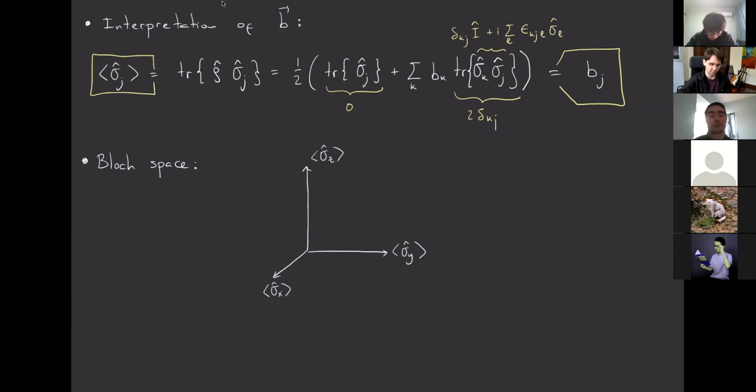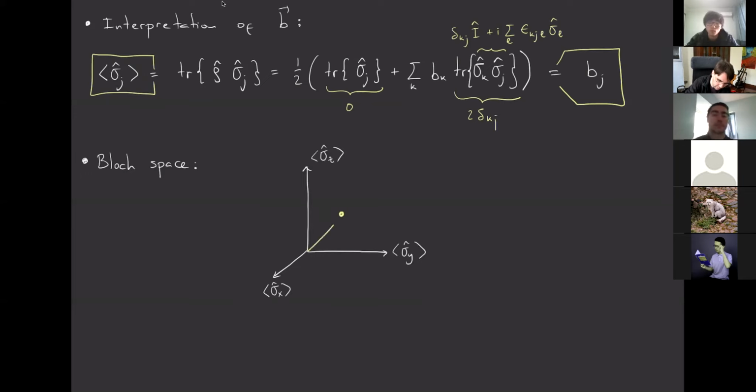Okay, so this space in which we specify by 1 point what is the expectation value of the Pauli operators, we call it Bloch space, and states can be represented as points in this space.